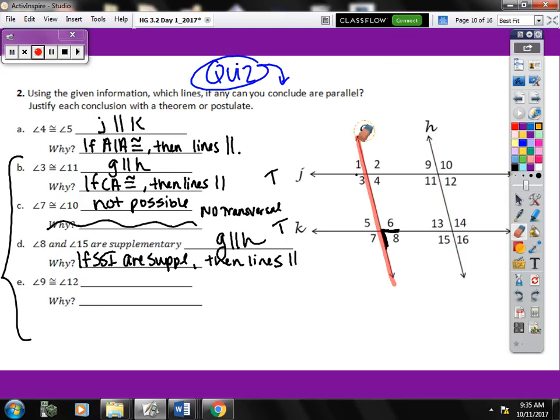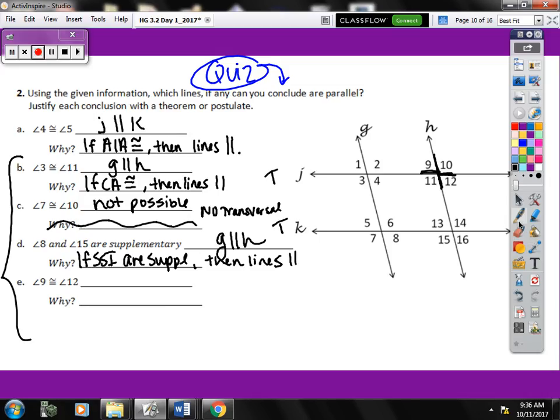Okay. Then the last one, I saw a bunch of you putting yes, and your reason is not a reason that would work for parallel lines. So 9 and 12 are congruent. If you try to find a transversal, the line they both touch is H, and they both touch J. So technically there's two transversals.